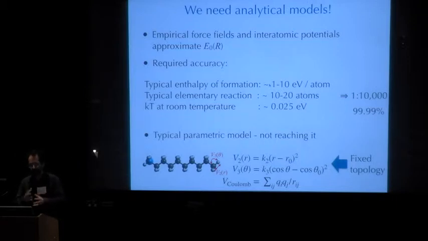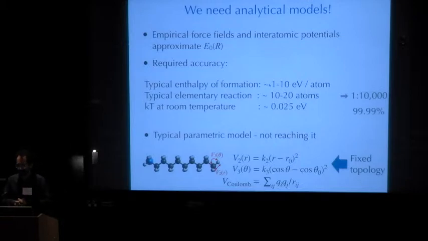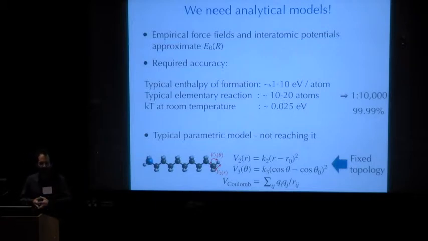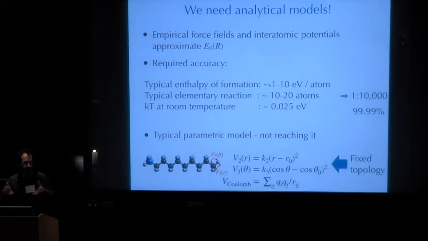So if you multiply and divide those numbers in the right way, so about 100 eV divided by 0.025, you get about 1 part in 10,000 as the minimum required accuracy. So we're going to need to fit this E0(R), which we can calculate for selected examples at some cost, minutes or hours. We need to fit it with 99.99% accuracy to actually get the right physics.